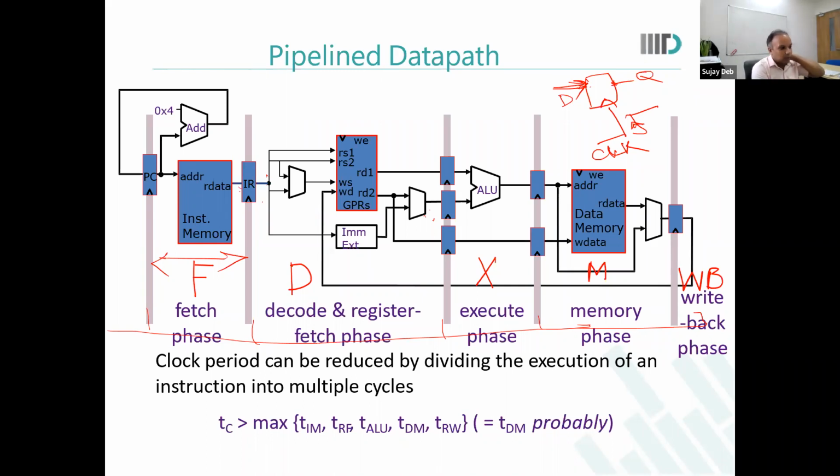That is determined by the maximum time taken by the different stages: the instruction fetch stage, the decode or register fetch stage, the time delay of the execution phase, the time delay of the memory phase, and the time delay of the write back phase. Depending on which stage takes the most time, that will determine the time period of the clock, and that will be the critical path.